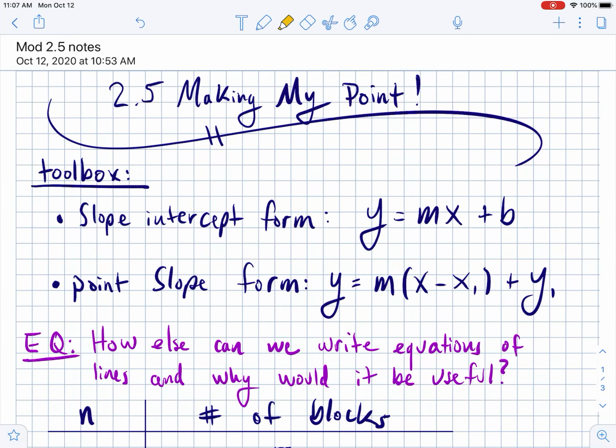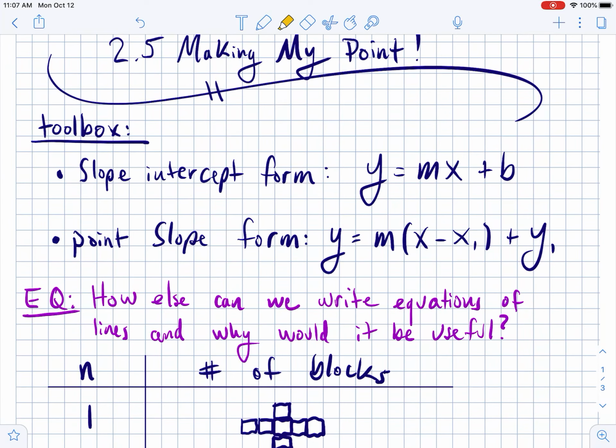We are going to knock out 2.5 today. Some things we're going to need for our toolbox: slope-intercept form of line equations, which is y equals mx plus b. That should seem familiar. The one new thing we're going to talk about today is point-slope form, which is just an alternative way to look at an equation of a line.